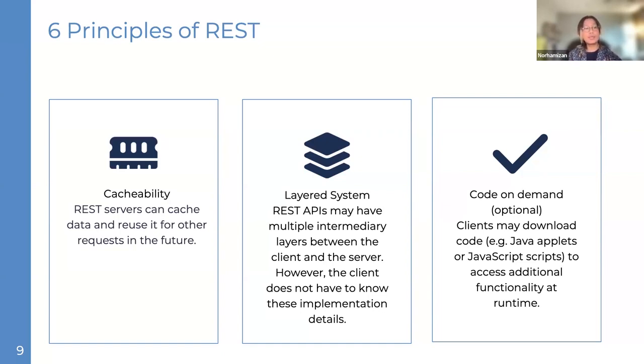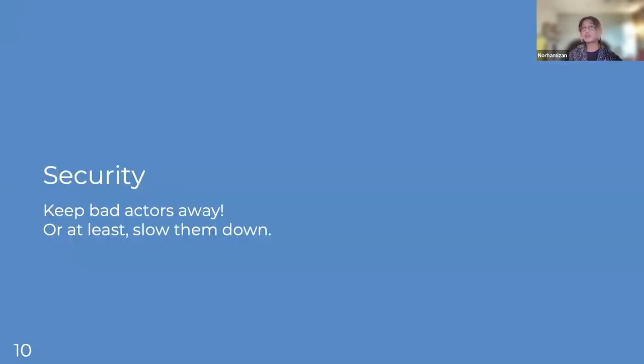So now to keep your API secure, we do have practices that we need to follow. So it keeps bad actors away, it keeps bots away, it keeps those spammers away. So it either blocks those bad actors or it slows them down, depending on your use case.